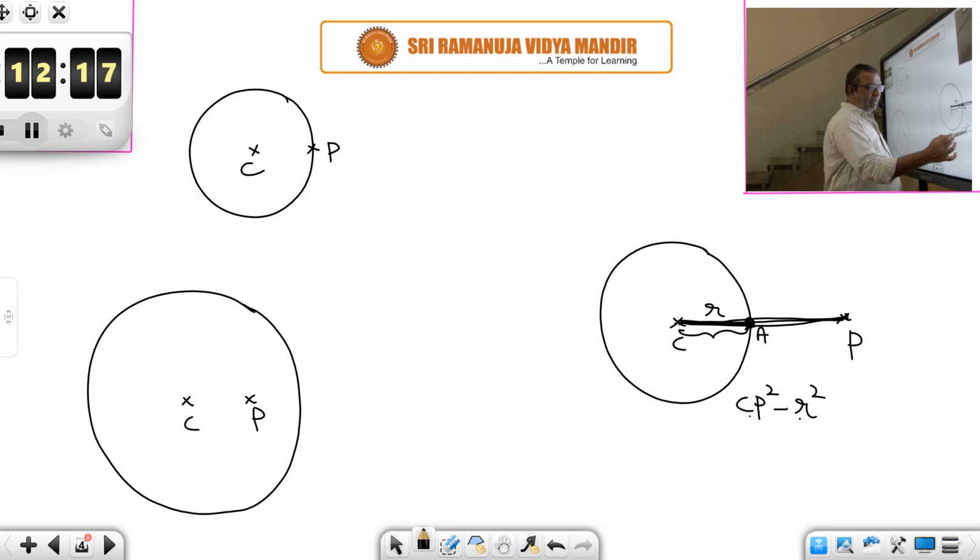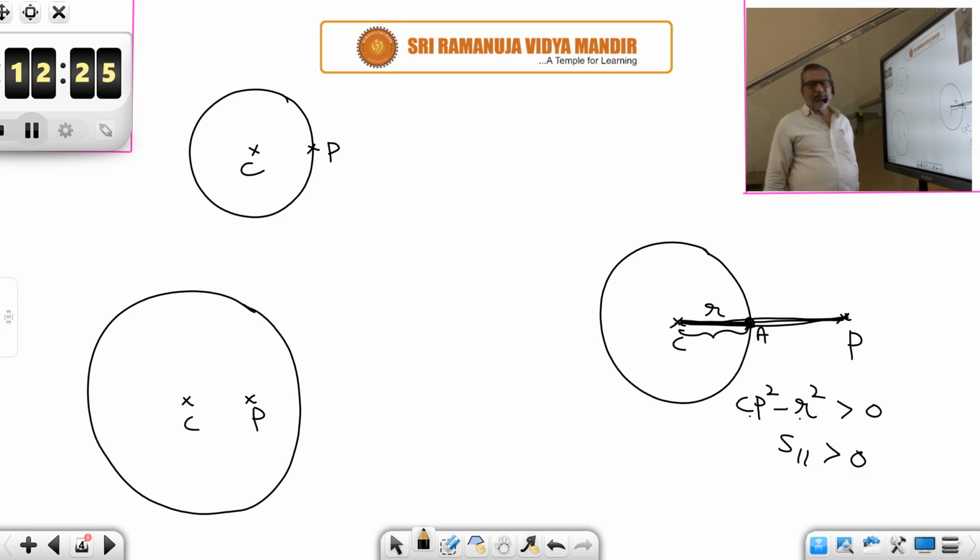Cp square minus R square is greater than 0. So that means S11 is greater than 0. So if a point is outside the circle, then its power with respect to the circle will be positive, because Cp is more and R is less. So power of the point, the formula is S11. So S11 will be greater than 0.